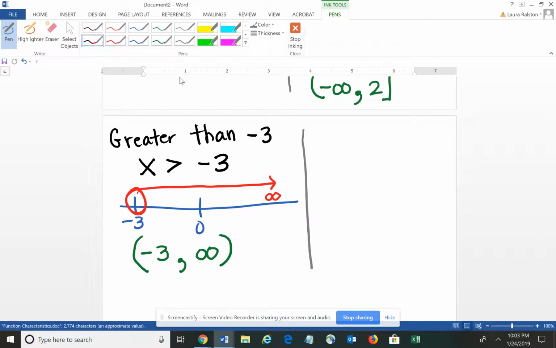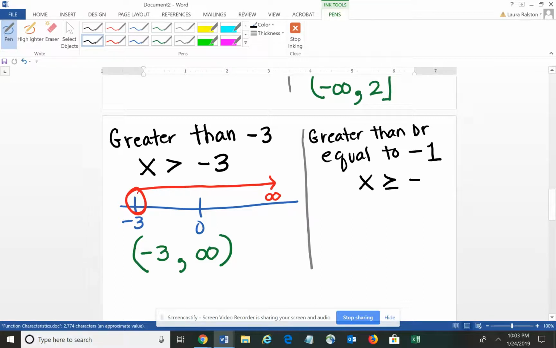You could have something such as greater than or equal to, say, -1. Okay, so this would be x is greater than or equal to -1. There it is in symbols. Think about your number line.